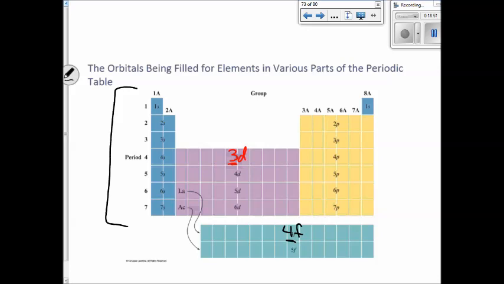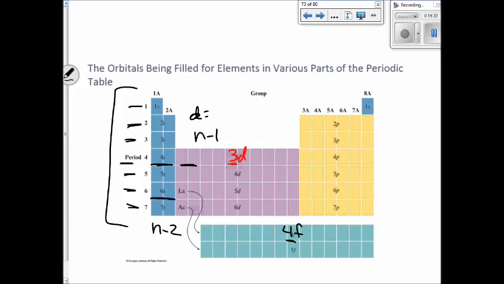If you don't remember, the S's and the P's follow the rows and periods, the principal energy levels. But remember, the D's start one behind, so it's n-1 for the D's. So you would fill 4s first, then 3d. Now what you have to remember about the F's down here, it's n-2, so they start 2 behind.